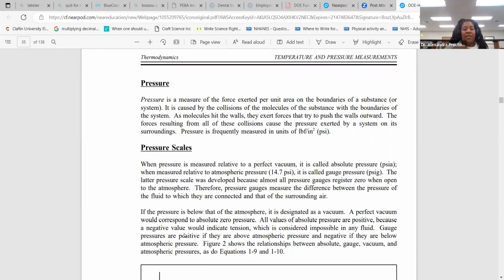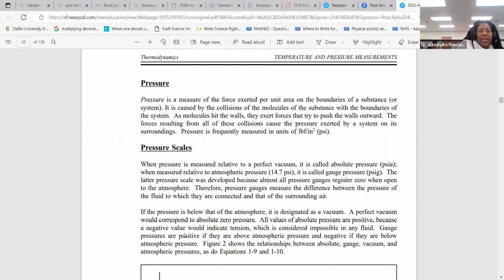When measured relative to atmospheric pressure, 14 PSI, it is called gauge pressure. PSIG is gauge pressure. So the latter pressure scale was developed because almost all pressure gauges register 0 when open to the atmosphere.